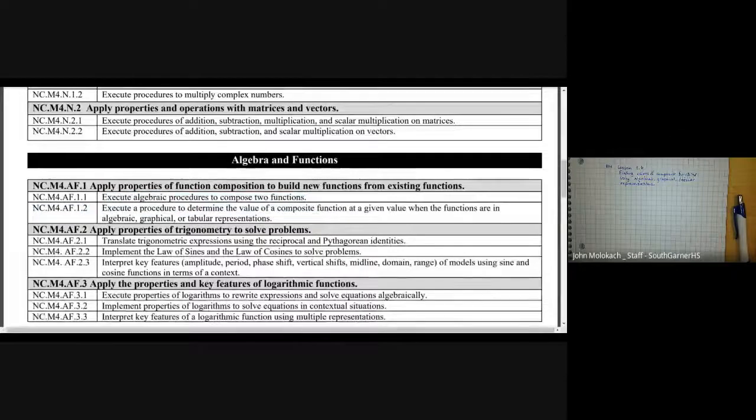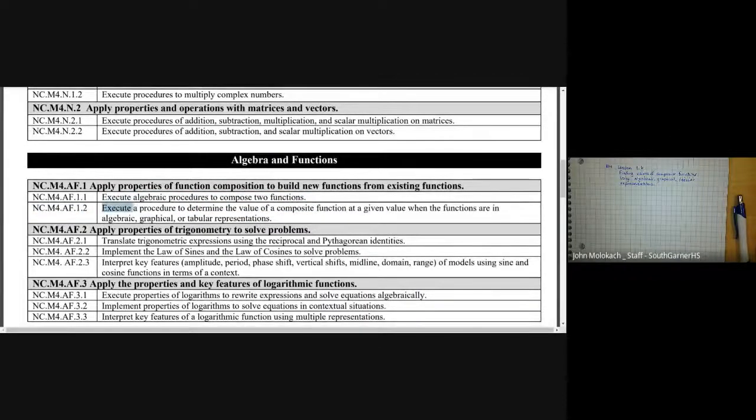This is what we were talking about in the last video, but in this one, we're going to execute a procedure to determine the value of a composite function at a given value when the functions are in algebraic, graphical, or tabular representations, okay? So mine was a little simplified from that, but there's this idea of a given value. So you'll see what that means as we keep on moving.